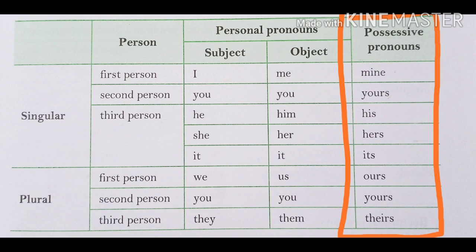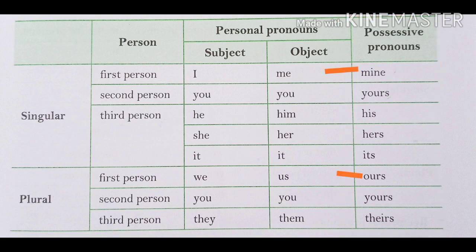Now let's take a look at this chart to understand how the personal pronouns in object position change forms to become possessive pronouns. So depending on number, singular or plural, me becomes mine for first person singular and us becomes ours for its plural. For second person, it's the same.